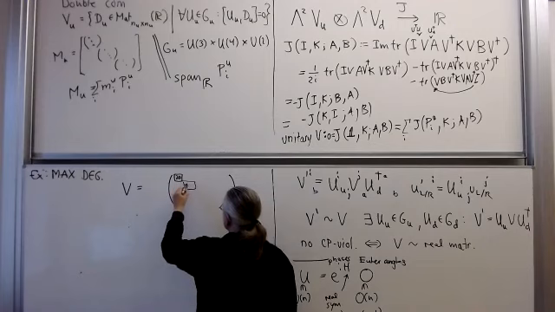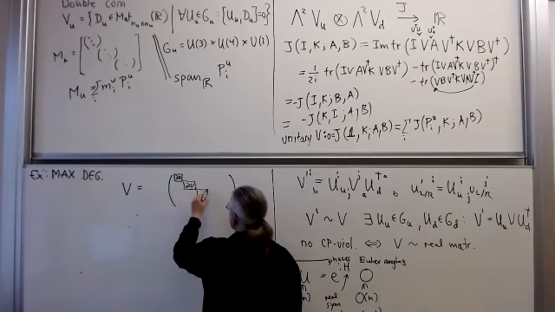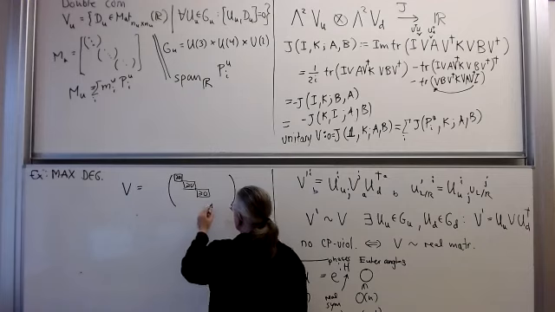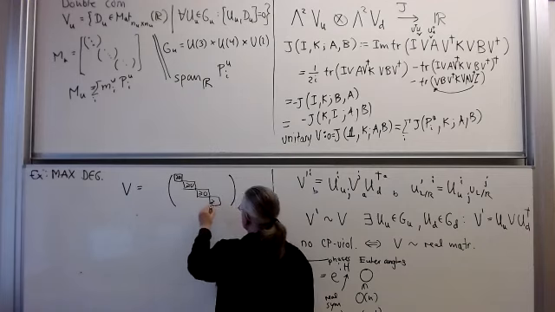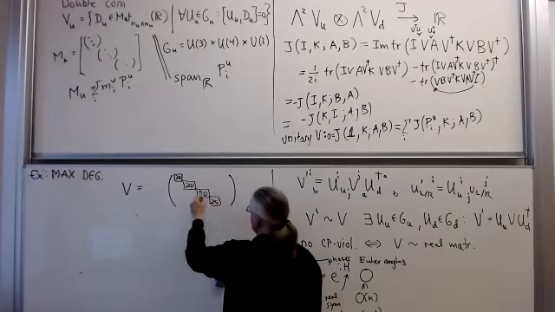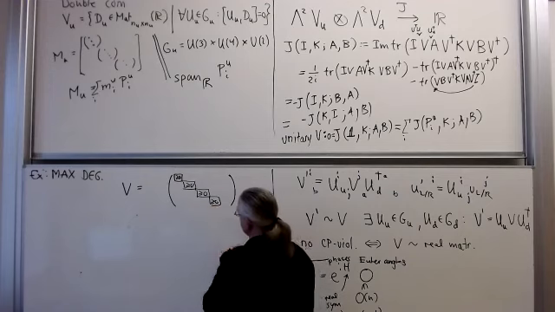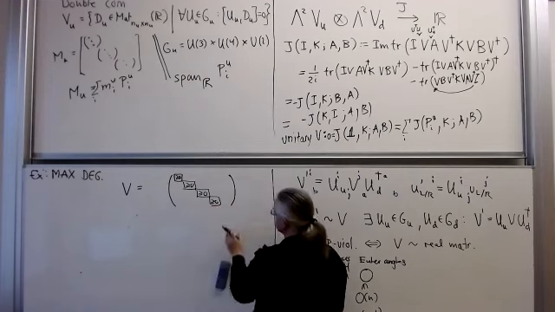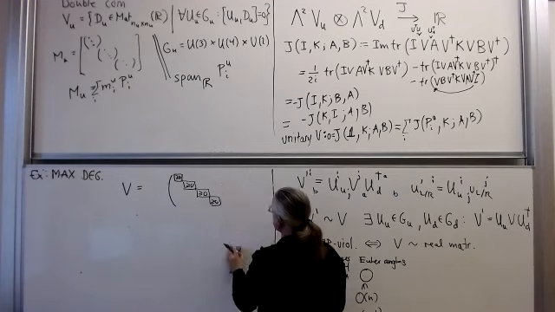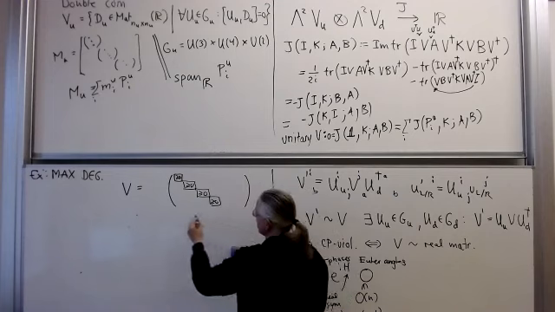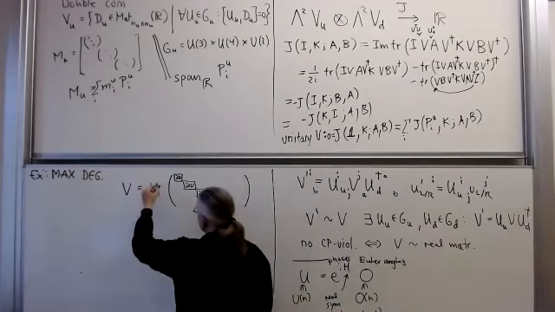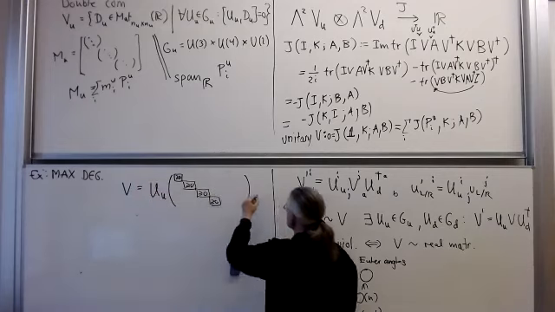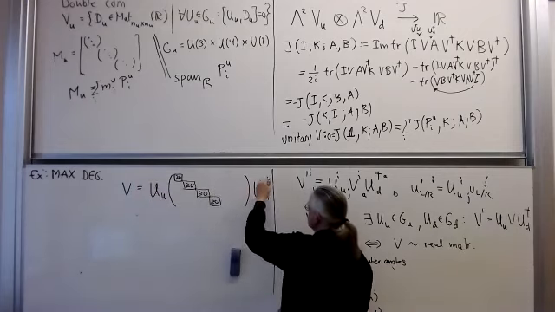0, 0, 0, and 0. So this is supposed to be the diagonal, whatever you want to call a diagonal in a rectangular matrix. Maybe let me make it even clearer here. And then there are 2 unitary matrices, U and U_D dagger.